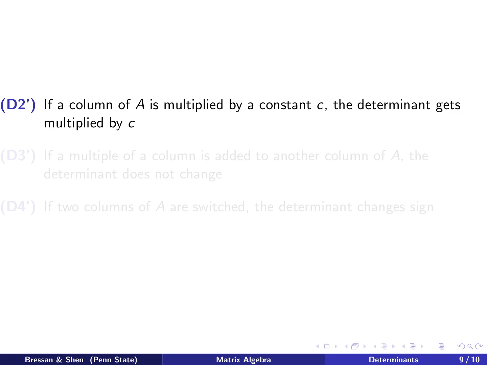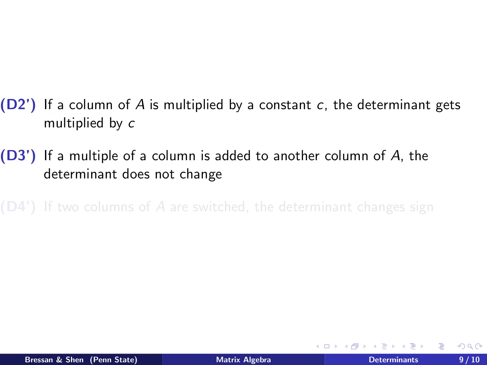And then second, if a column of A is multiplied by a constant c, then the determinant is also multiplied by c. Okay? We can switch the row into a column. And third one, if a multiple of a column is added to another column of A, then the determinant does not change.